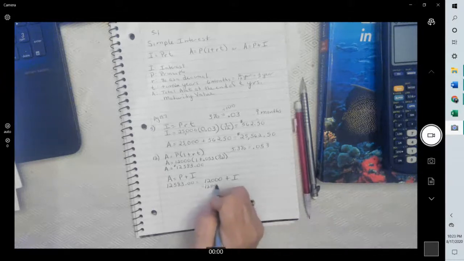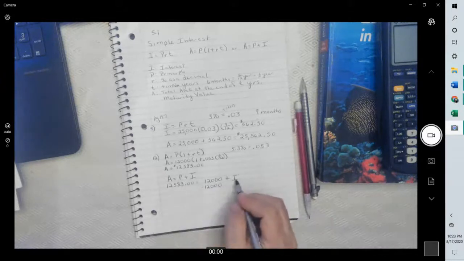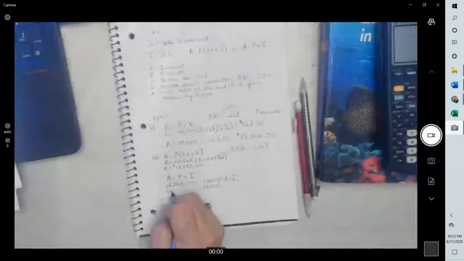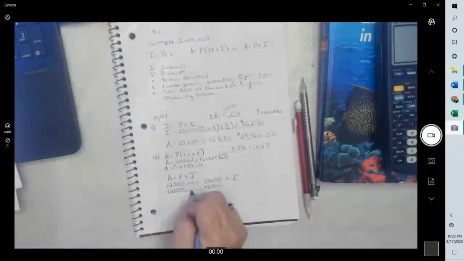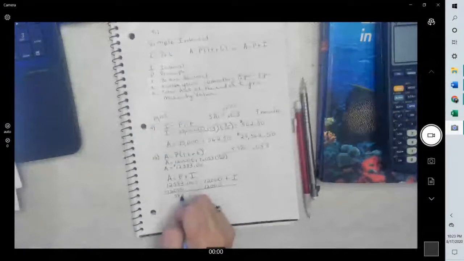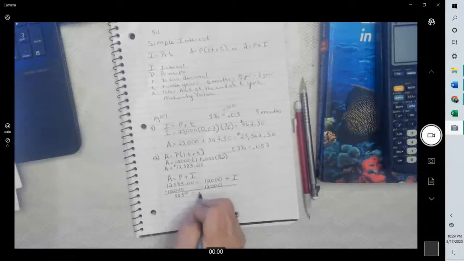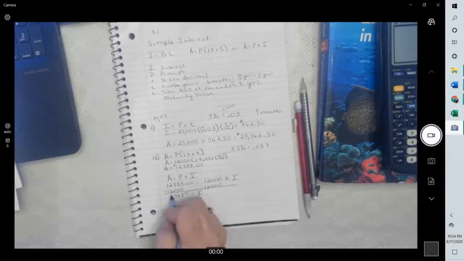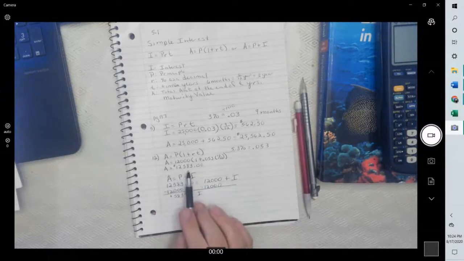Subtract the 12,000, because we're getting interest by itself, and you're left with $583. So the interest that was made was $583, which gave us $12,583 maturity value.